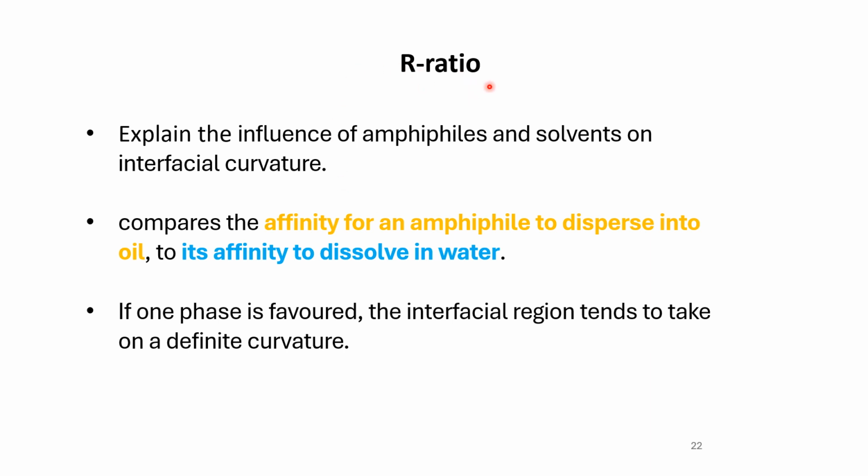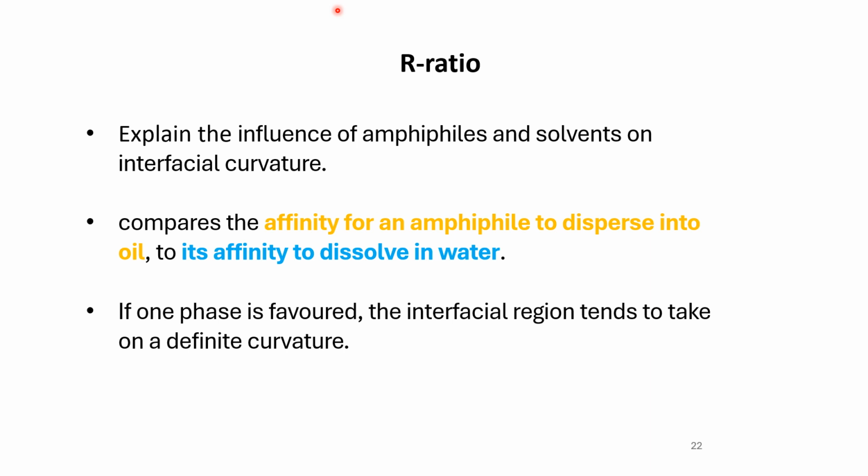To explain the influence of the surfactant and also the solvent on the interfacial curvature, the R ratio was applied. Okay? The R ratio is one of the characterization concepts proposed by Winsor to explain the influence of amphiphiles and also solvents on the interfacial curvature. The primary concept is to relate the energies of interaction between the amphiphile layer with the oil and with the water region.